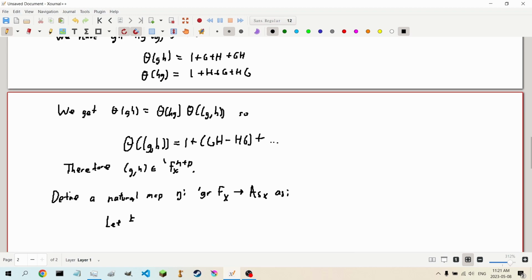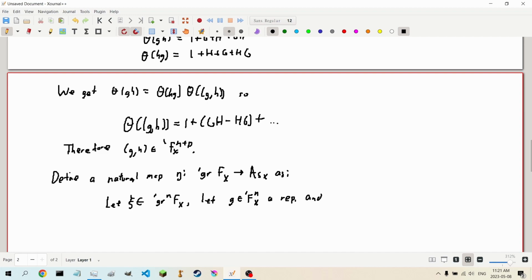We let C be in the nth prime grade of the free group on X. Let g be an element of F_n'(X), a representative, and theta of g is going to be equal to 1 plus g_n plus g_{n+1} and so on, with each g_p in the pth component of the free associative algebra on X.